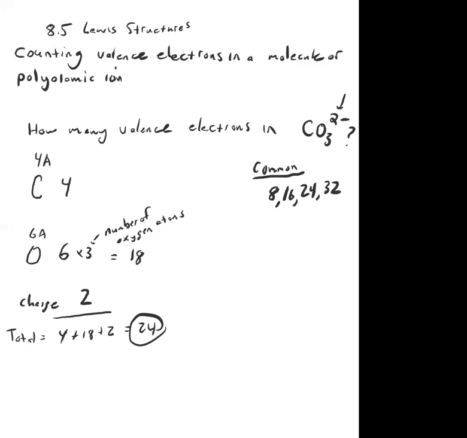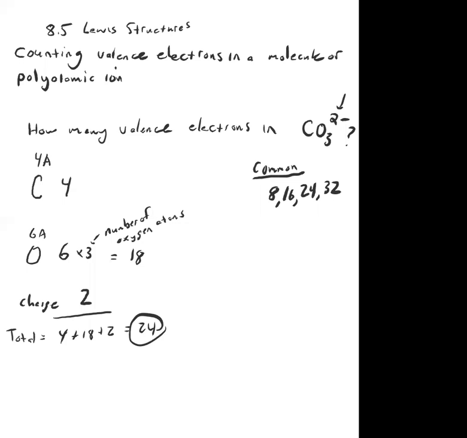So if you've got 4 atoms, 1 carbon and 3 oxygens, you might find 24 is pretty common. If you have 5 atoms, you'll find that 32 electrons comes up. If you have 3 atoms, 16 will come up. And if you have 2 atoms, 8 will come up quite often, okay?